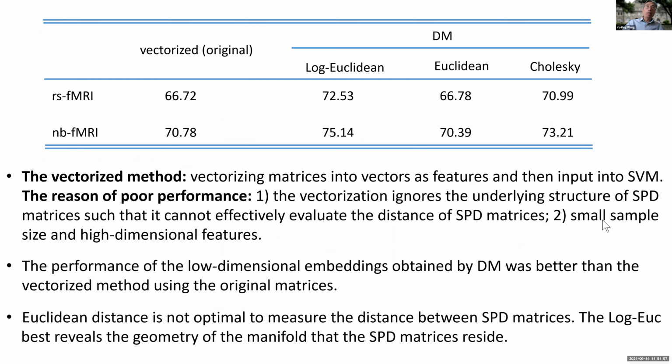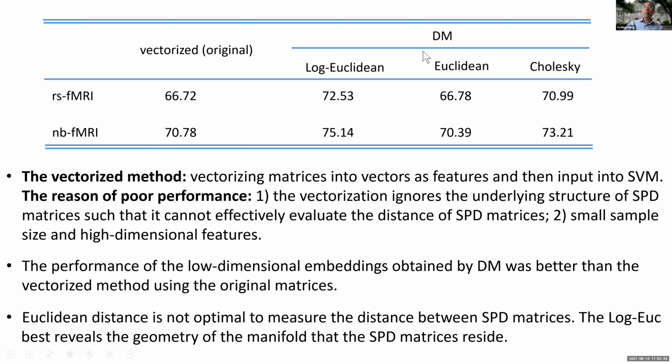Here is the result. You can see without diffusion map-based dimension reduction, using the resting state fMRI and n-back memory fMRI, we only achieve about 66.72 and 70.78% accuracy.